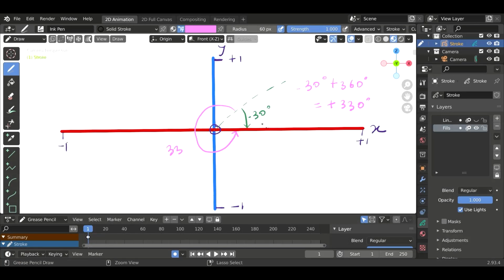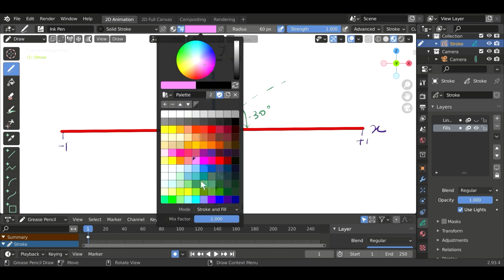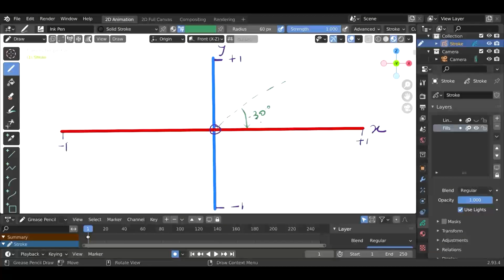This is just by the way. So it's a positive 330 degrees, and let's say this was 30 degrees.